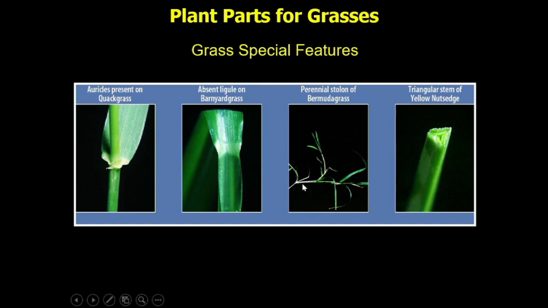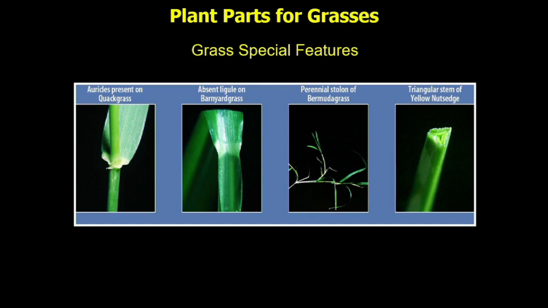Bermuda grass has a stolon, which is basically a rhizome that is above ground. So it's just these reproductive structures that spread along the ground. A lot of people will just tend to call these runners instead of stolons, and you'll see this plant just spreading on top of the surface and having a lot of vegetative tissue emerging from this particular structure.